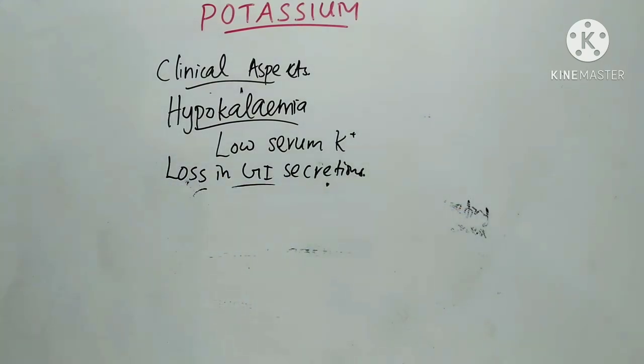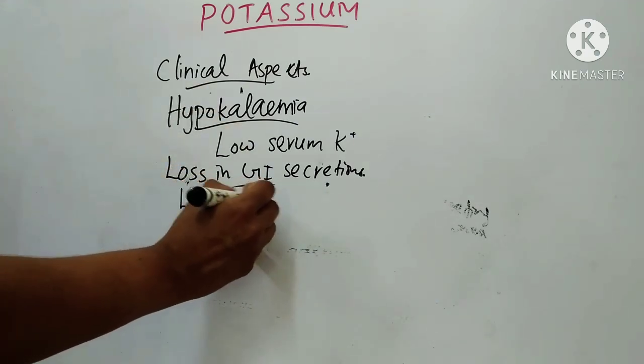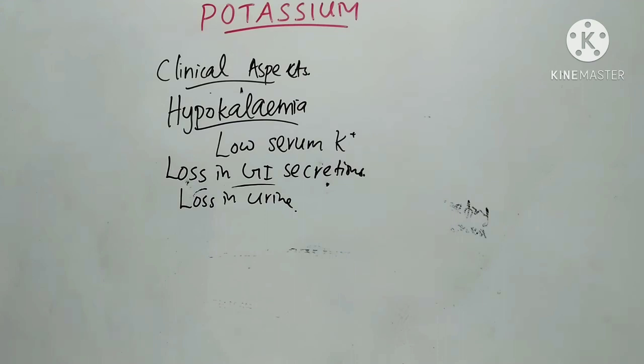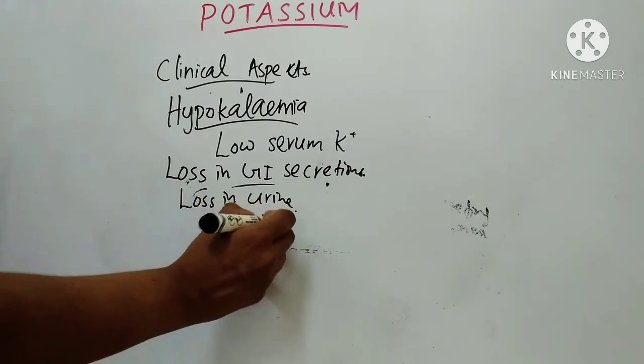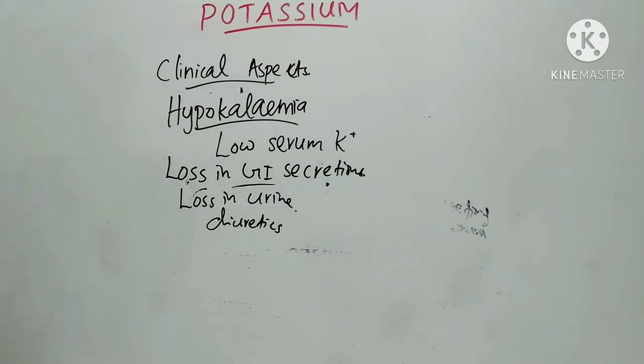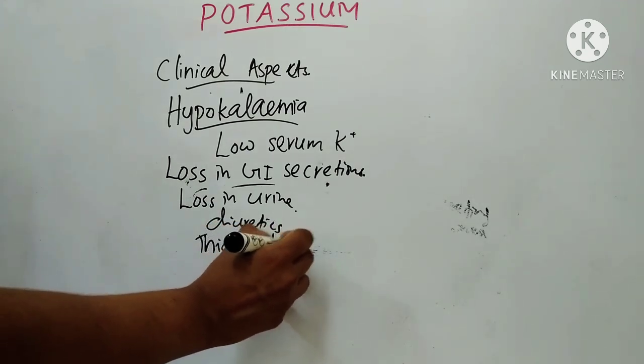Next one is loss of potassium in urine. Some diuretics cause loss of potassium, for example thiazides and acetazolamide.